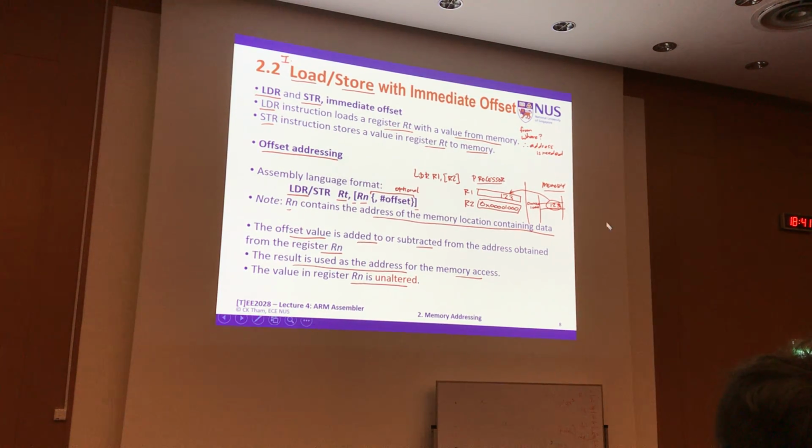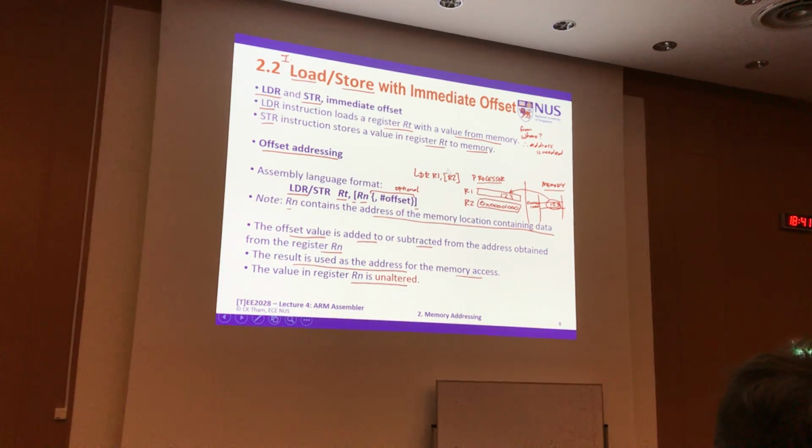The first one, and I also put the number 1 here last time, is load and store with immediate offset, which has the format with the square bracket. Within the square bracket, you see a register. That register is called the base register, and it will contain an address.